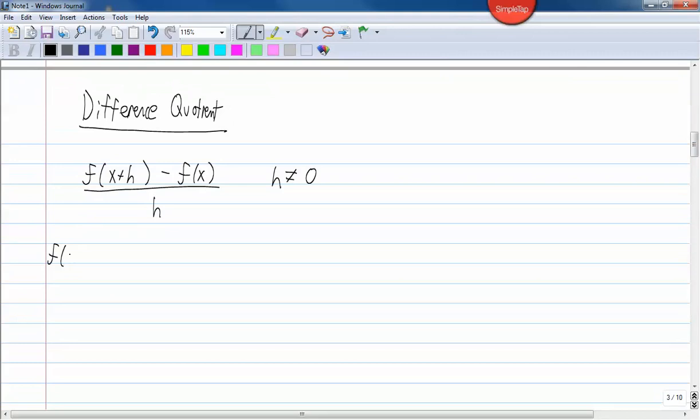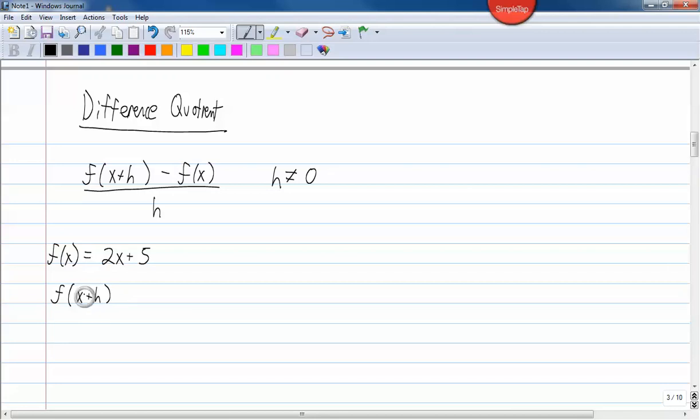Let's say that f of x is equal to 2x plus 5. The first thing that you need to do is find f of x plus h. Alright, so we're going to take that function, f of x, and we're going to plug in an x plus h in parentheses for every x.